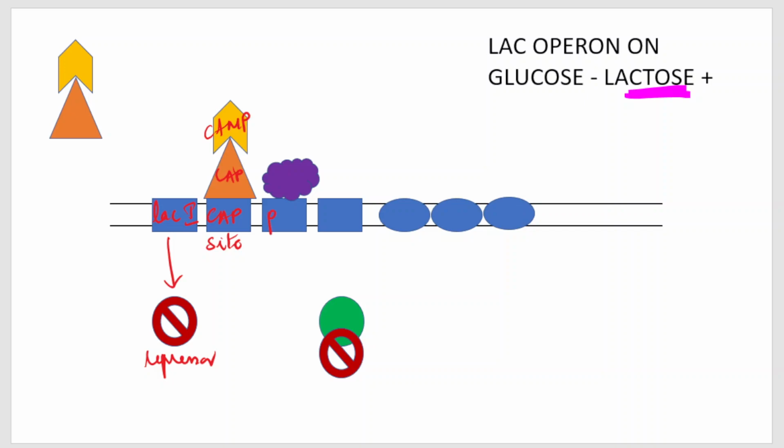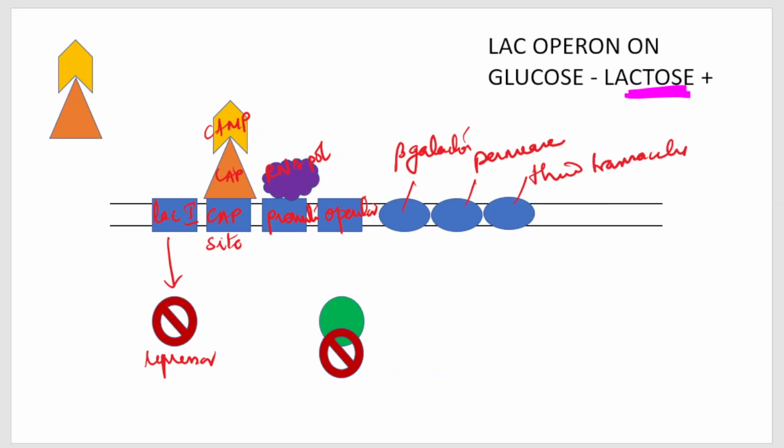The third one is the promoter site, and this is the RNA polymerase, and the operator site. Next are three genes which code for beta galactosidase, permease, and thiogalactoside transacetylase.